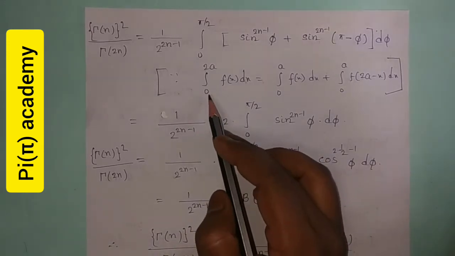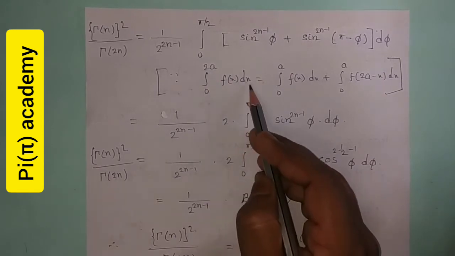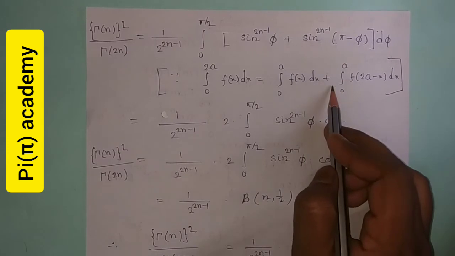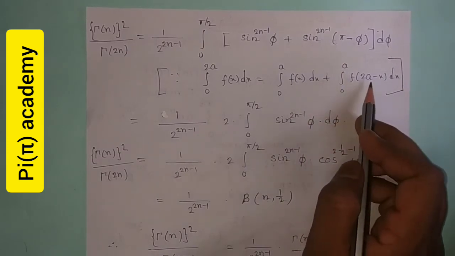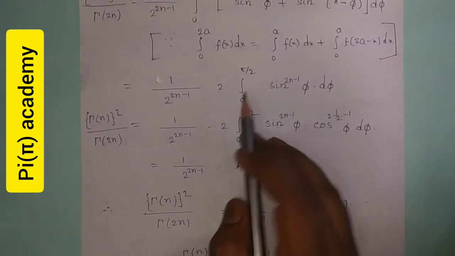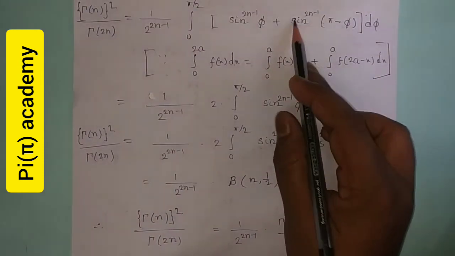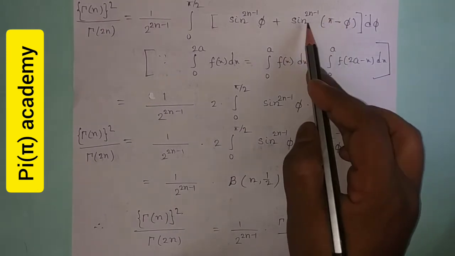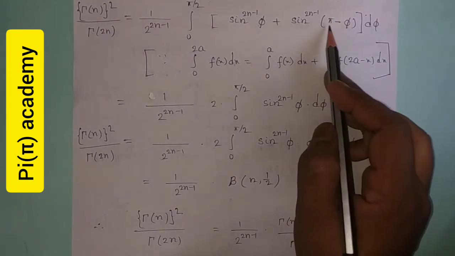we know that integral 0 to 2a f of x into dx equal to integral 0 to a f of x dx plus integral 0 to a f of 2a minus x into dx, and this also sine pi minus phi, that is the second quadrant, therefore sine pi minus phi is sine phi.